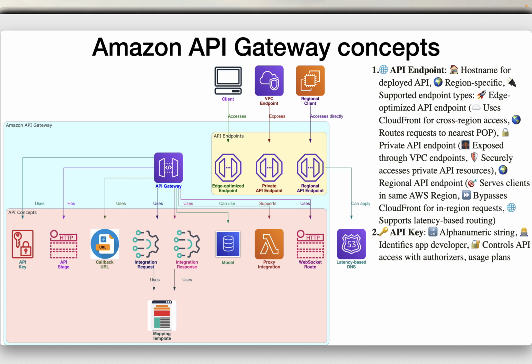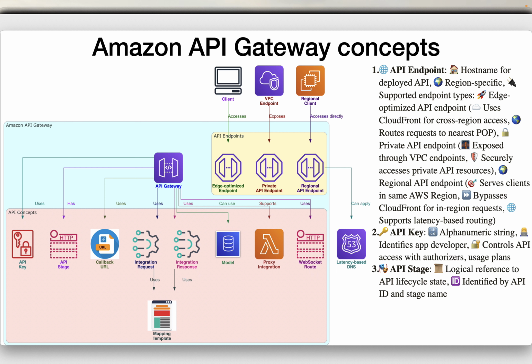Whatever name you want to give, it's a user-friendly name, it's arbitrary. So you just provide a stage name, and when you invoke that API, the stage name will be there, so that you have version control and you move from one version to another, from one stage to another stage, and you can have different functionality based on the stage.